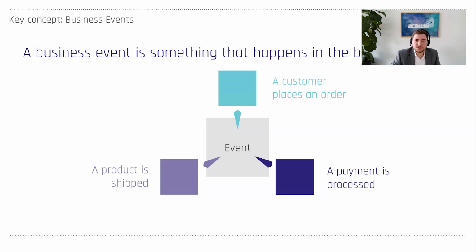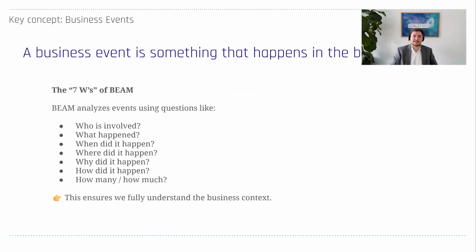And to really do that business modeling in Beam, you ask a lot of different questions. Normally, the 7 Ws is what you call them. So you analyze an event using questions like the 7 Ws: who, what, when, where, why, how did it happen, and how many or how much.